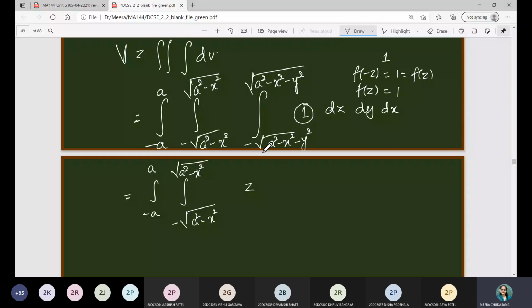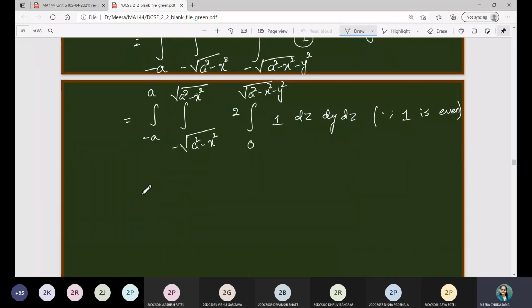Therefore, I can write this integral as 2 times the integral from 0. If you want to avoid this negative square root, I can write 2 times 0 to square root of a square minus x square minus y square, because 1 is an even function. The integrand is 1, which is even.